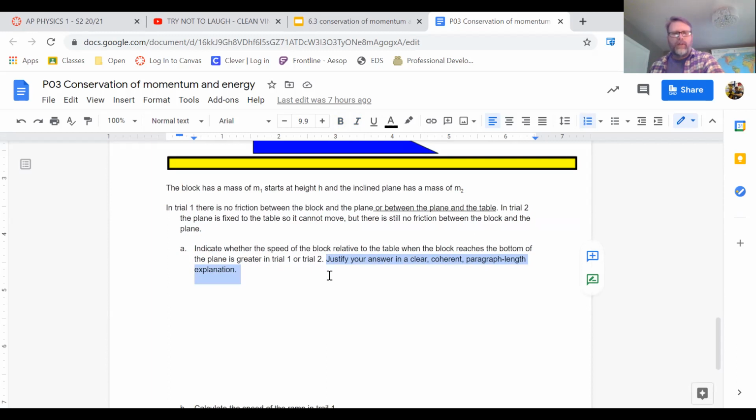Notice they don't ask for the numbers. They don't ask for what's happening. They just want to know which one's greater and why, and how do you know that? That's one of the types of questions you'll see on the AP exam, so that's one of the questions I want us to start practicing now.